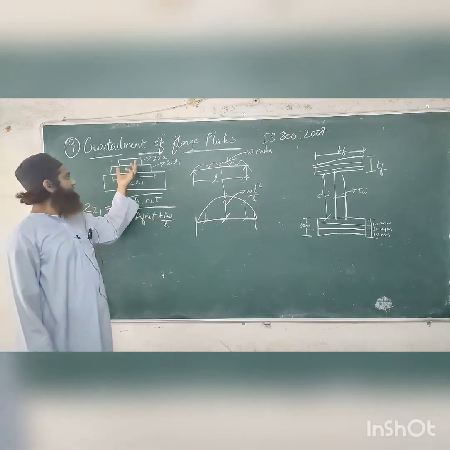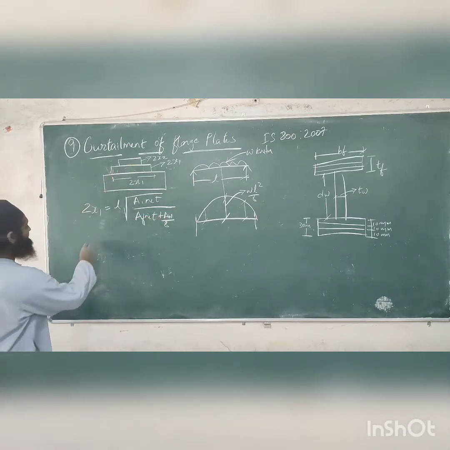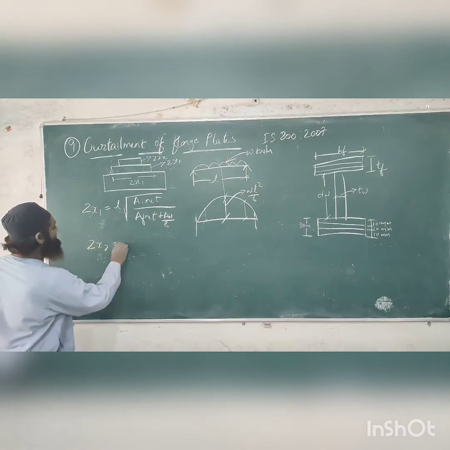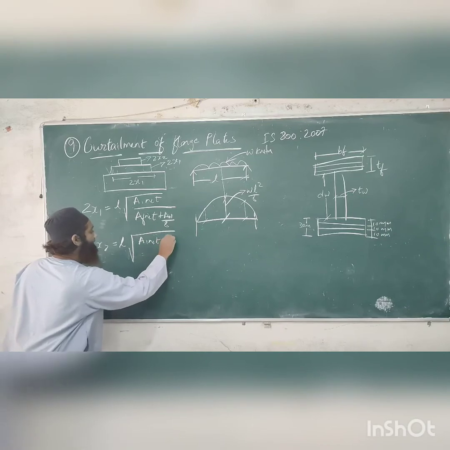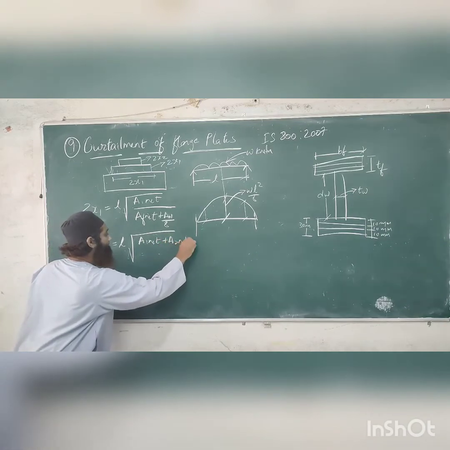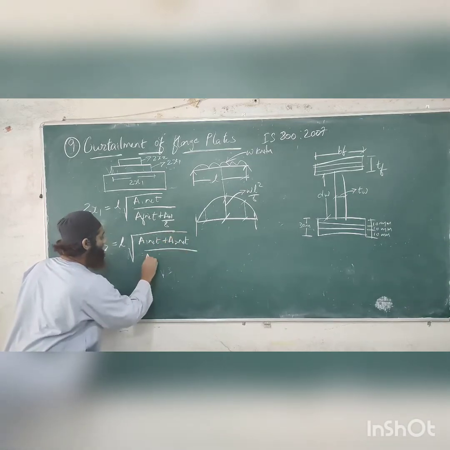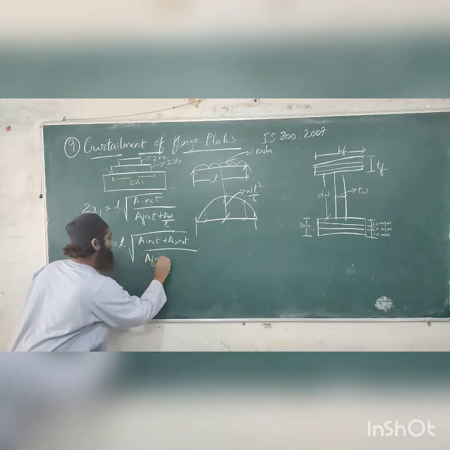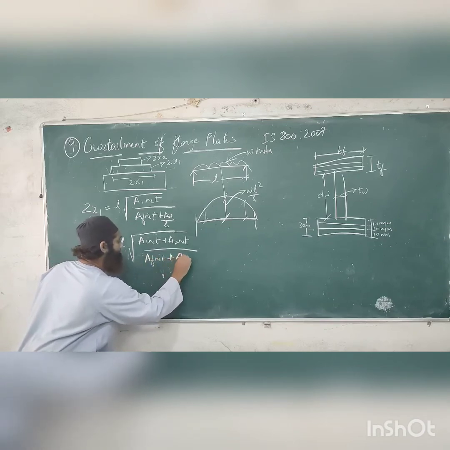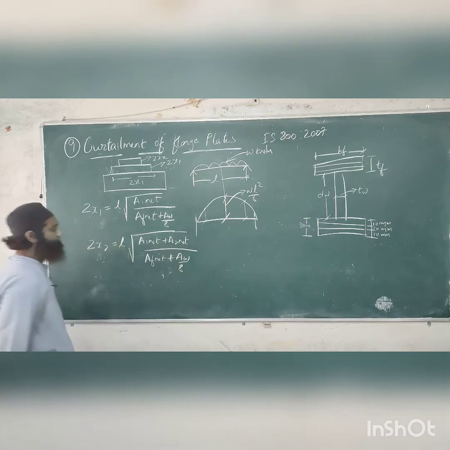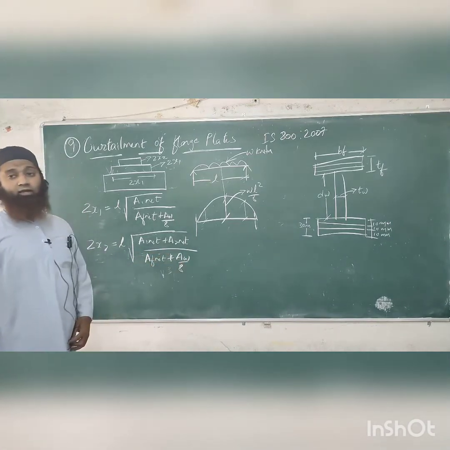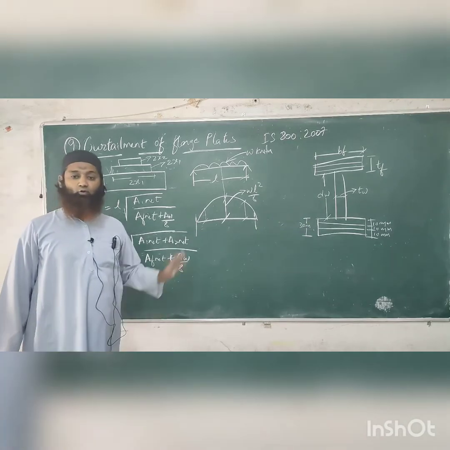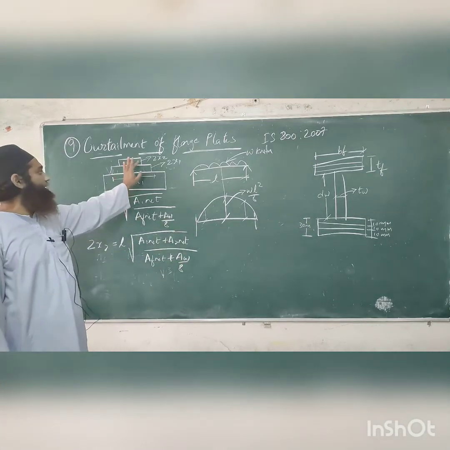In the same way, what should be 2x2? It is very simple, there is no change in it: L into root of A1 net plus A2 net by AF net plus AW by 8. Now you might be thinking, what is A1 net? 2x1 is this size, as I have told you, and 2x2 is this.